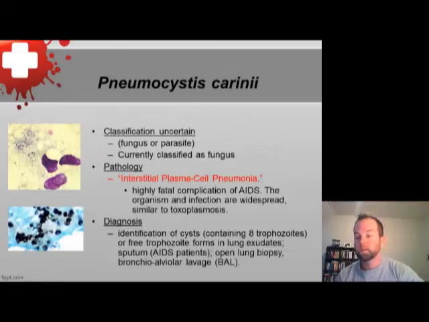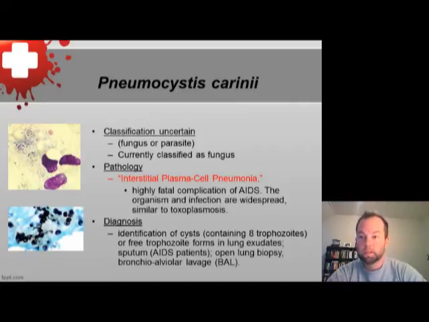Last, we have Pneumocystis carinii, which isn't technically a parasite. It is classified as a fungus, but the staining techniques are done in the parasitology lab. The infection of Pneumocystis carinii results in interstitial plasma cell pneumonia, which is a very fatal complication of AIDS.